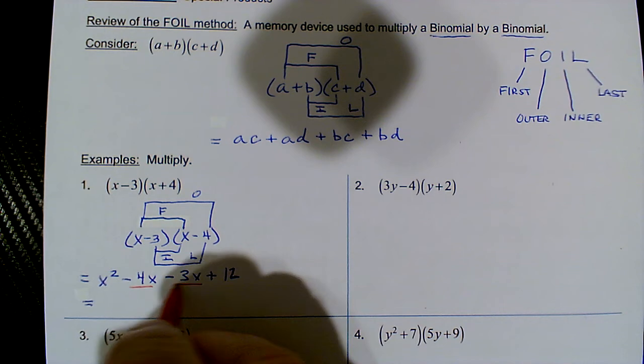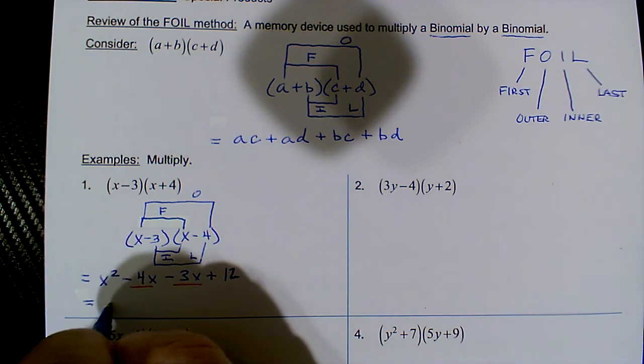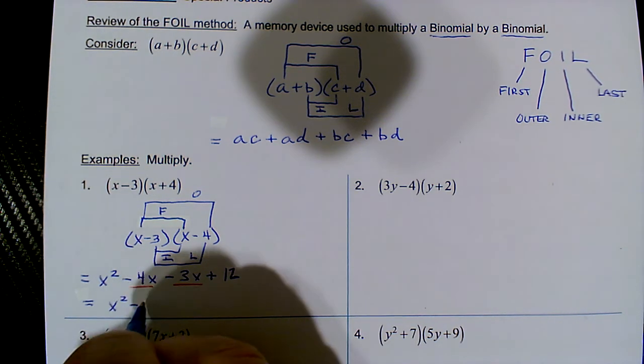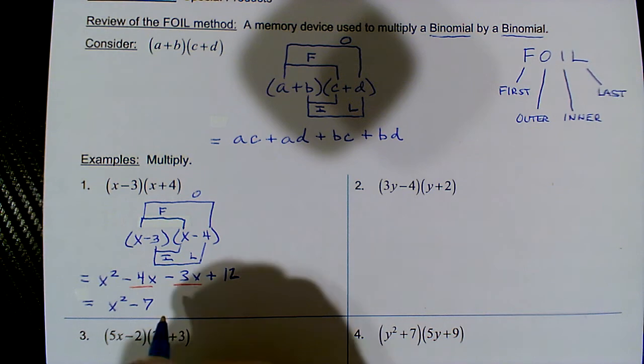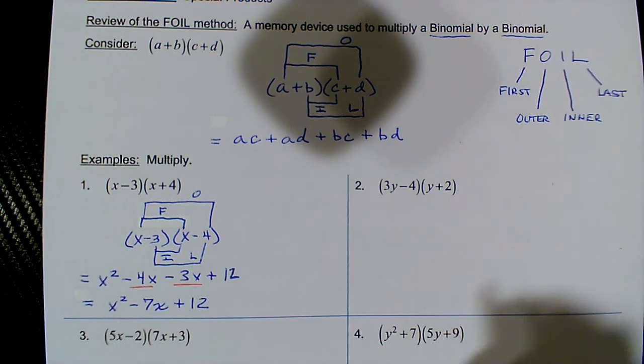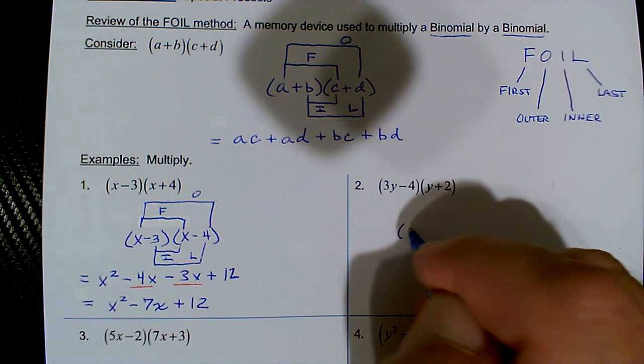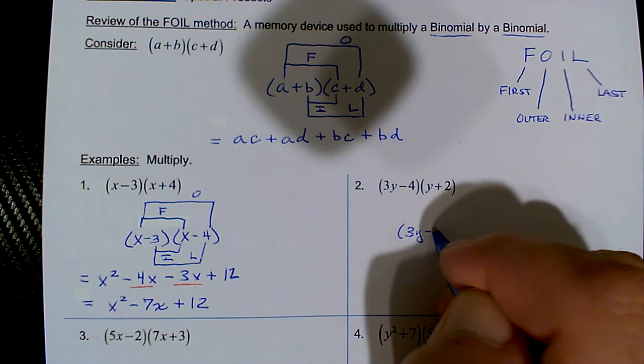So there's the outer product, there's the inner product. Notice they're like terms. So we'll recopy the x squared. And combining negative 4x and negative 3x, we get negative 7x. And then we just recopy the plus 12. Okay, so more examples.